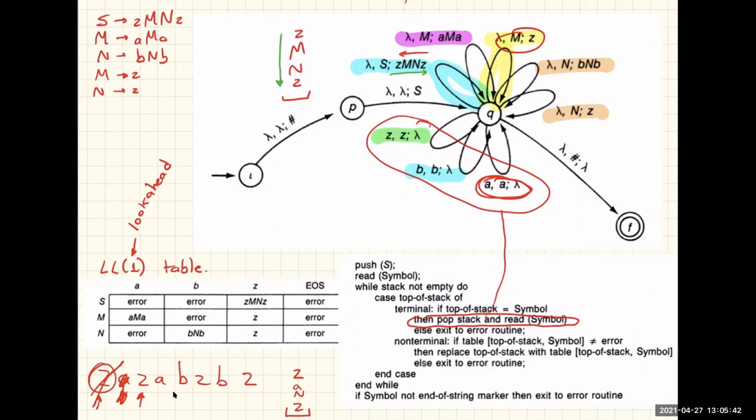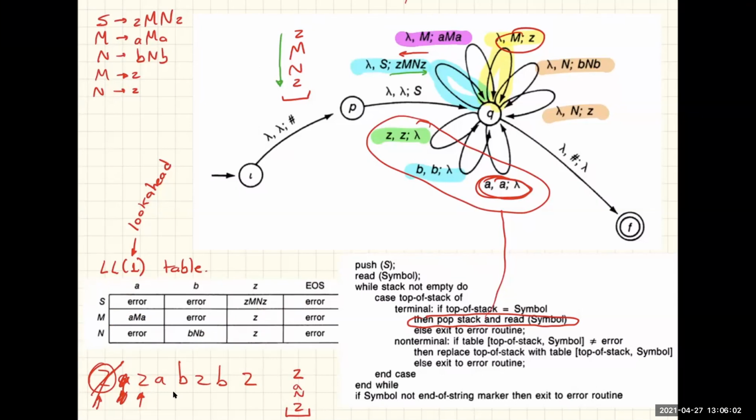Maybe we will not do that again because you can get bored if we keep doing this for this table, but I want to stop at this point. Why? Because as you saw, by means of this table and looking ahead one symbol, we are able to choose the correct rule.